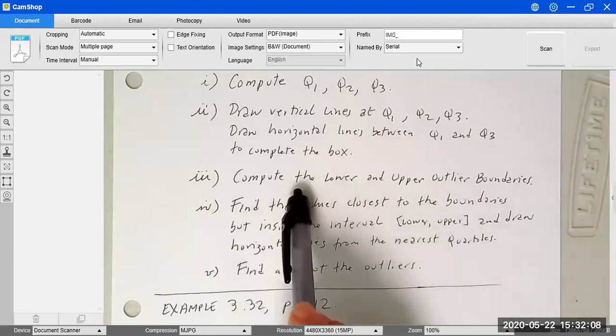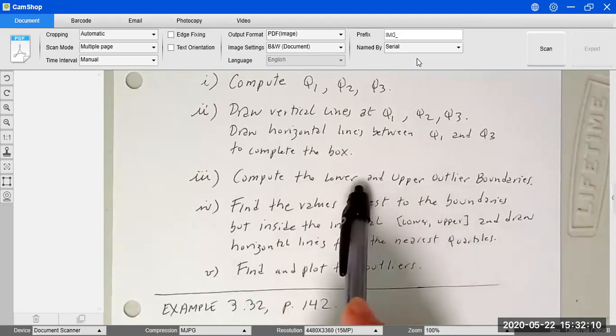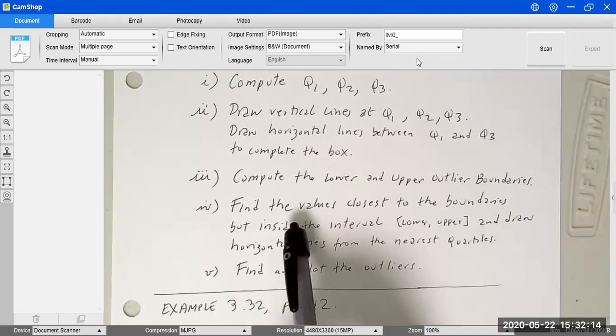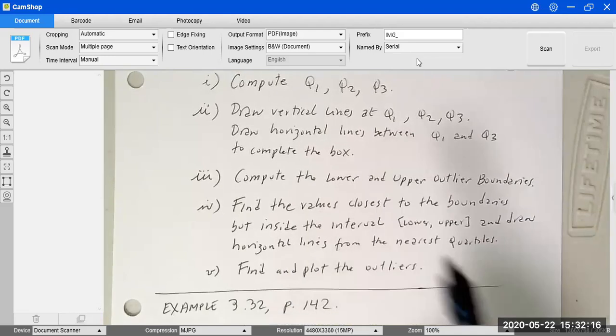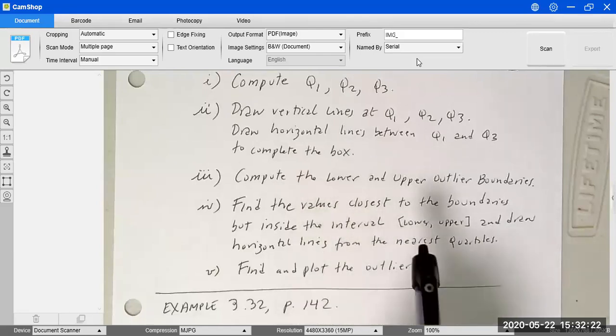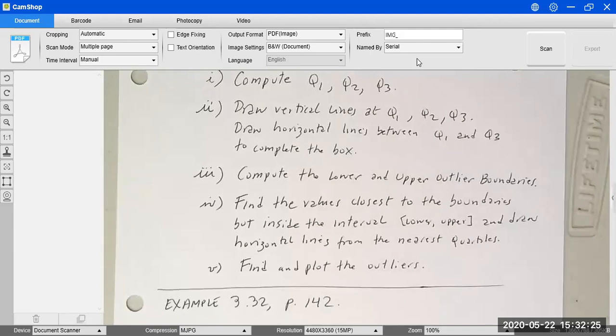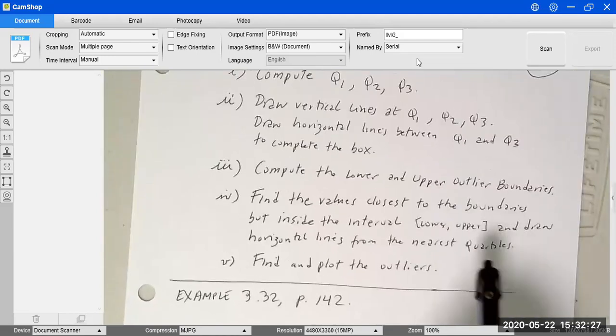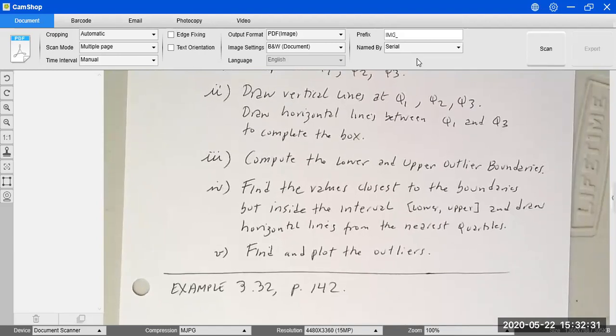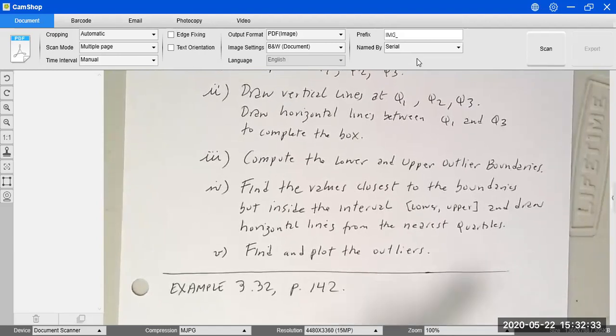And then when you have those values, the lower and the upper outlier boundaries, we need to find the values that are closest to these boundaries but inside of the interval, and we're going to draw a horizontal line for those values to the nearest quartile. Your book says that these lines are going to be the whiskers, so check page 142 to understand this better. Finally, we're going to find and plot the outliers.